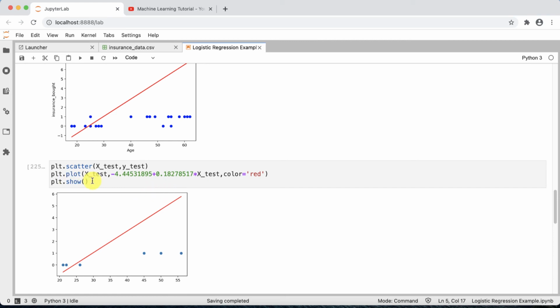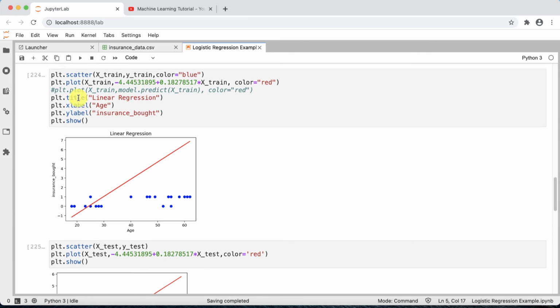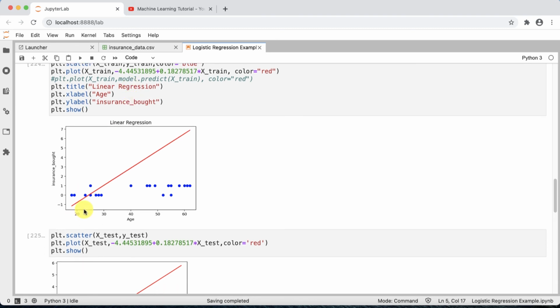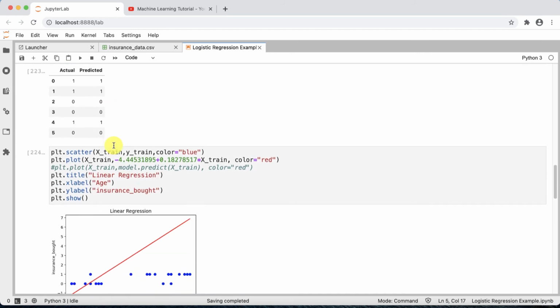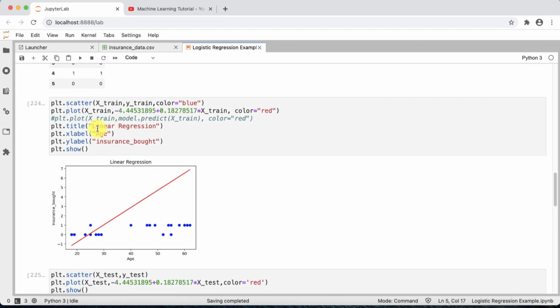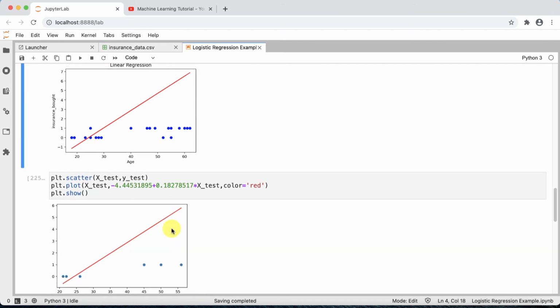This is for the testing and this is for the training model, right? So here you can see that at the age of about 20-something, about 28 or so, the people have bought the insurance, right? And this is the linear regression line I have drawn, right? So you can get the idea now, right?